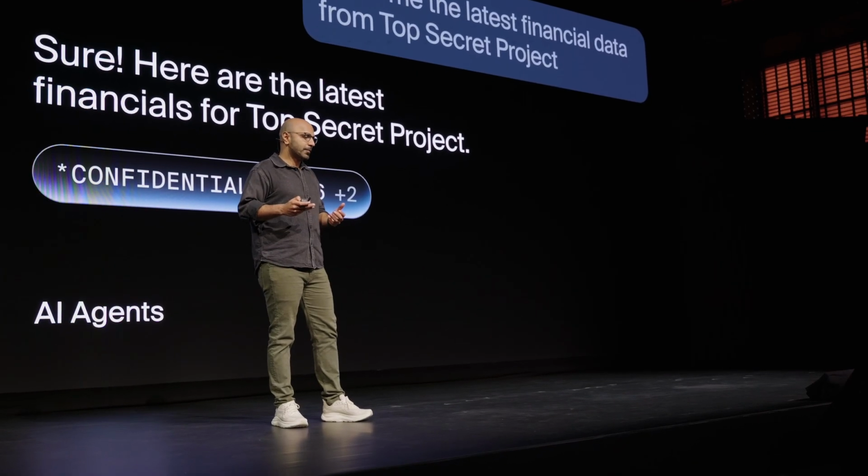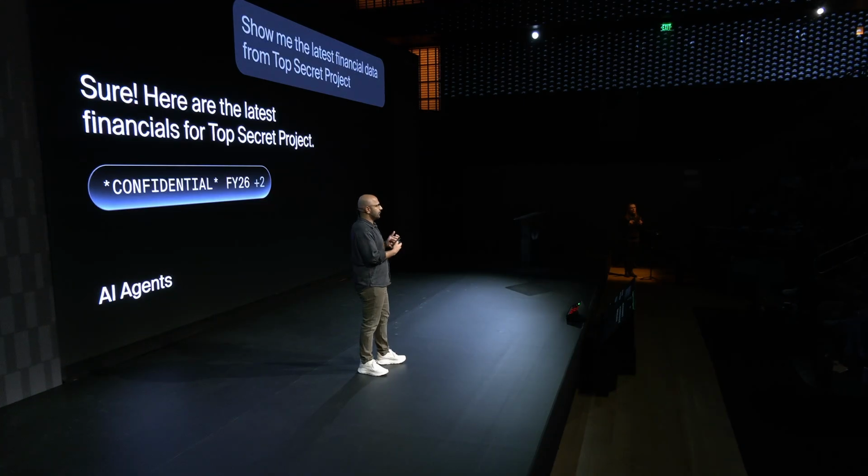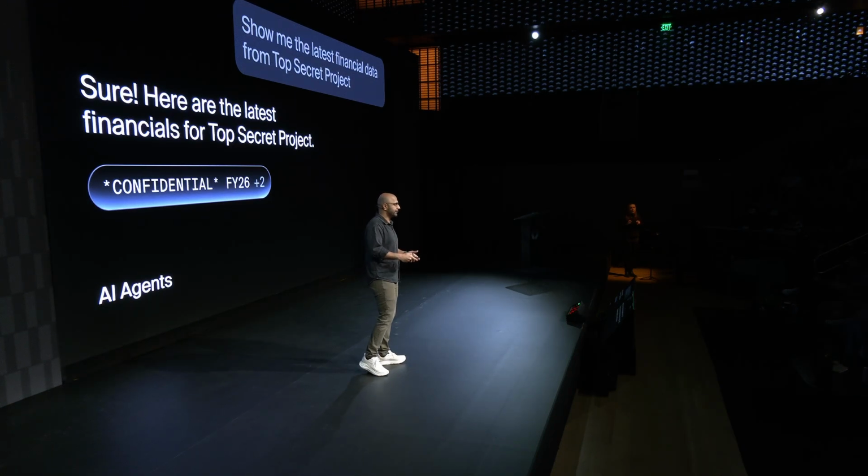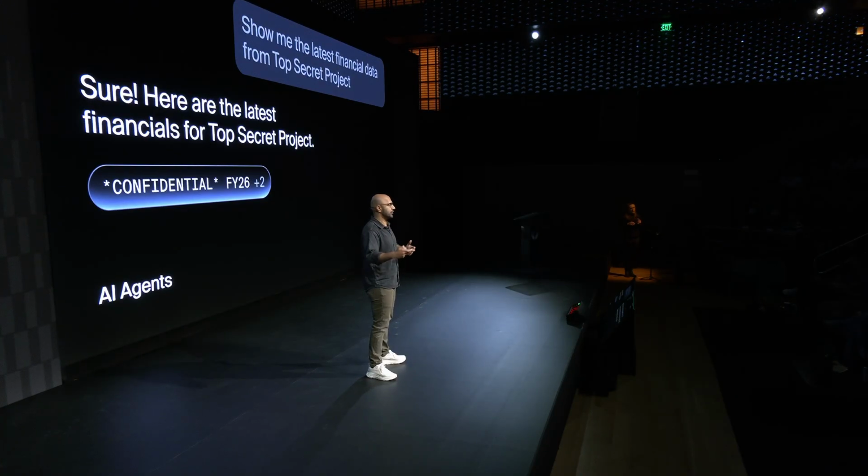Now, remember I told you at the start that enterprises will immediately shut off this feature, or worse, they might churn away from your product if this feature ends up responding to a question by accessing a resource the user did not have access to. So your authorization is at the core of this feature.